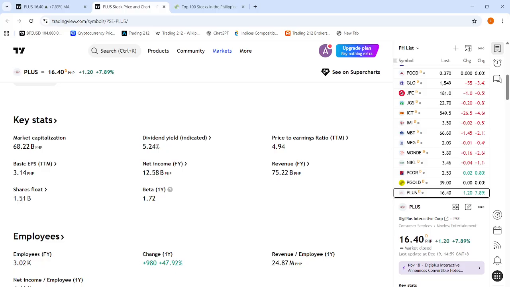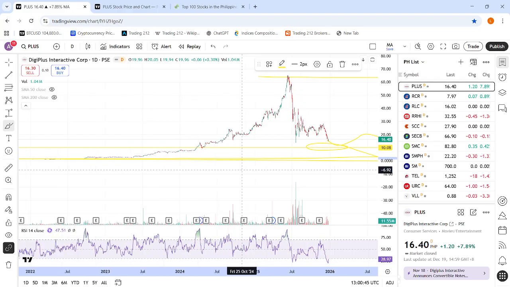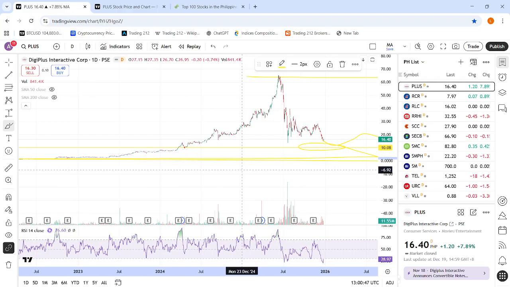This is how volatile the stock is. Usually a beta of one is a normal movement of the stock, but above that is highly volatile. Just like this one. This is very volatile, but for me, as an experienced trader, I like very volatile stocks, because of the gain that you're going to have if you enter at a good entry, and that would be a big advantage for you.